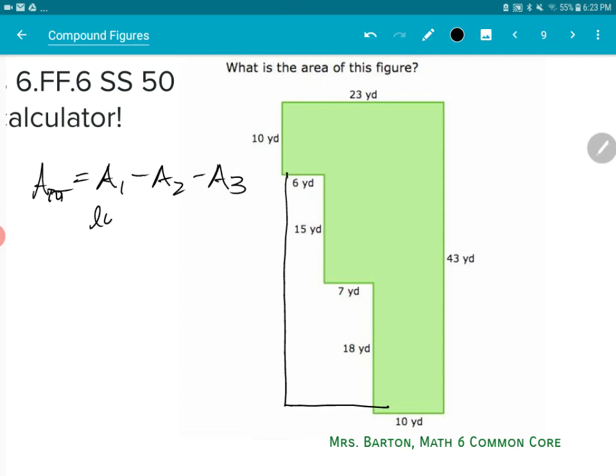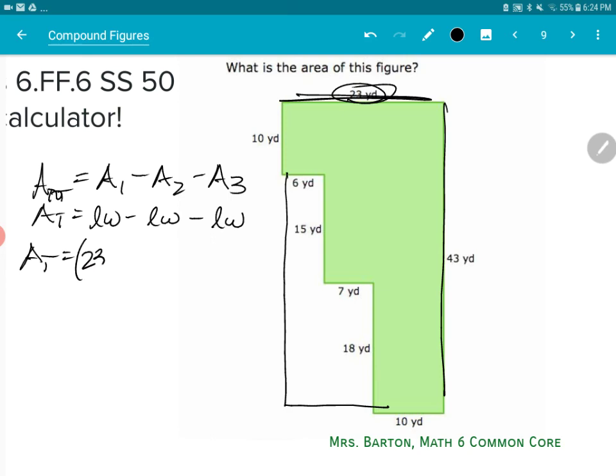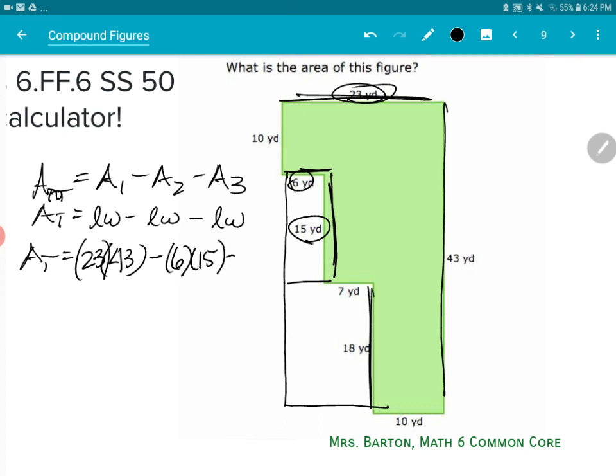Area 1, these are all going to be rectangles. The large one right now is going to be 23, this side, by this length, 43. And then I'm going to take out this 6 by 15, 6 by 15. And then this guy right here is 18, and then if this is 7 and this is 6, this is 13.